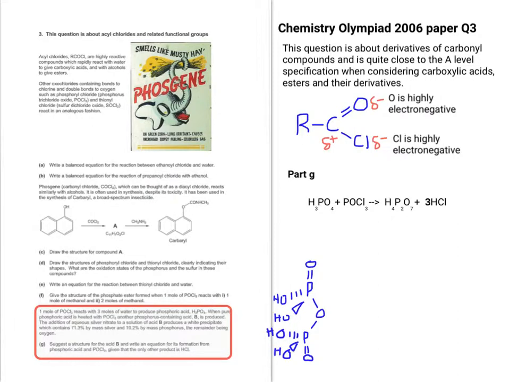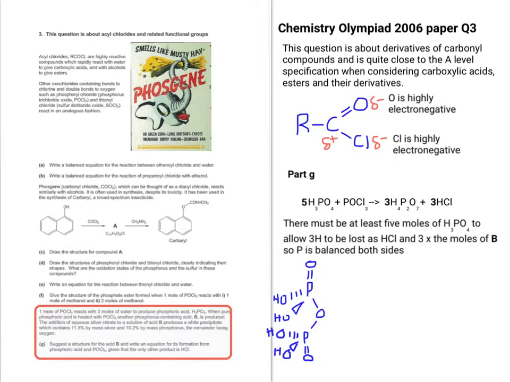So now we've got to think about the hydrogen and the phosphorus. So there must be at least 5 moles of H3PO4, because we want to lose 3 hydrogens as HCl to cater for the chlorine, and then 3 times the moles of B will allow phosphorus to be balanced on both sides to take into account the phosphorus we've also got in POCl3.